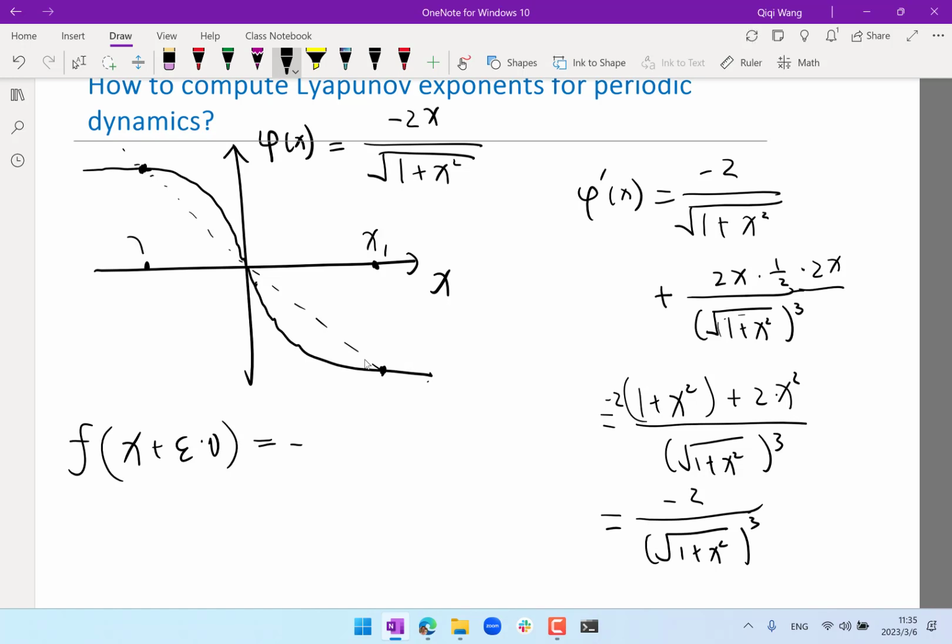This is x1, this is x2, because for a general periodic dynamics, it doesn't just oscillate between positive and negative of the same magnitude. So phi of x1 plus epsilon times v1 is exactly equal to x2 plus phi prime at x1 times epsilon times v1, right?